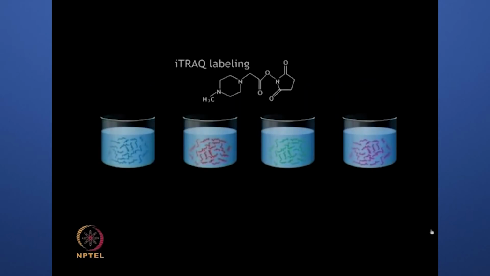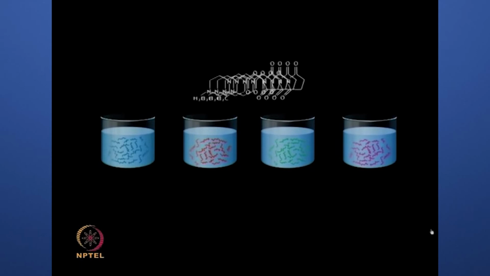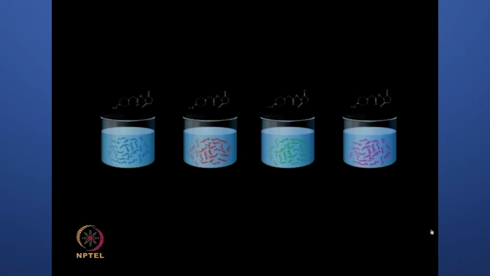The iTRAQ reagent consists of a reporter group, a balancer group and a peptide reactive group that interacts with the N terminus of the peptide or free amino group of lysine residues, giving an overall mass of 145.